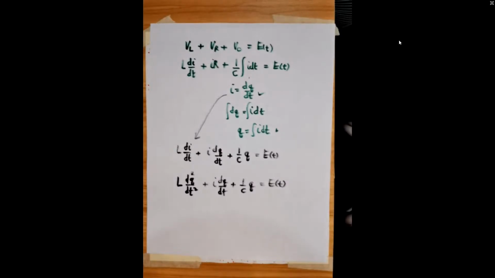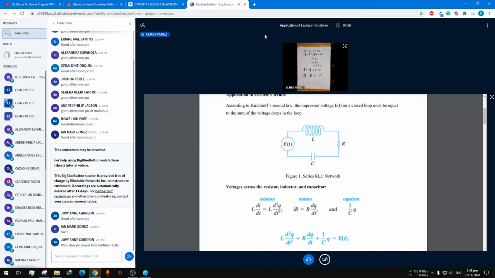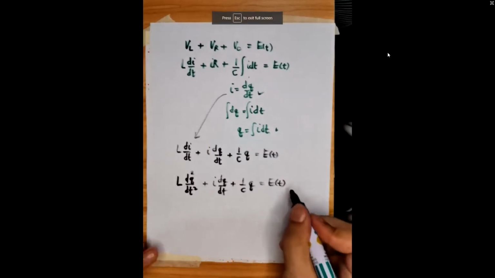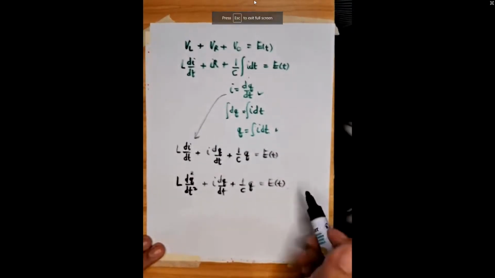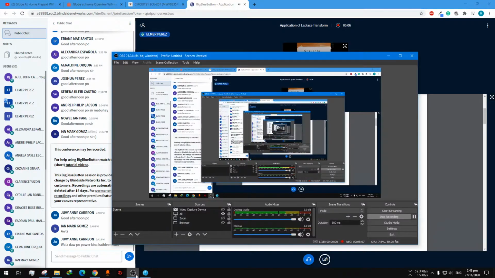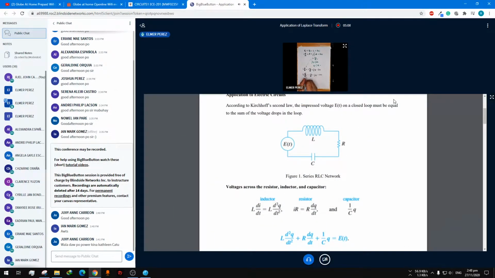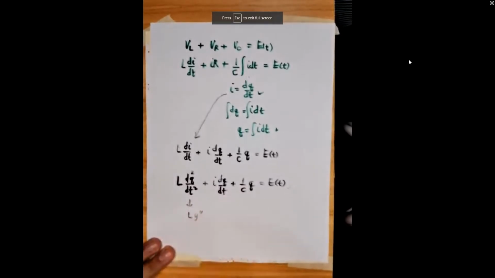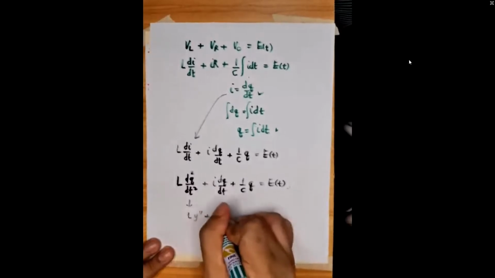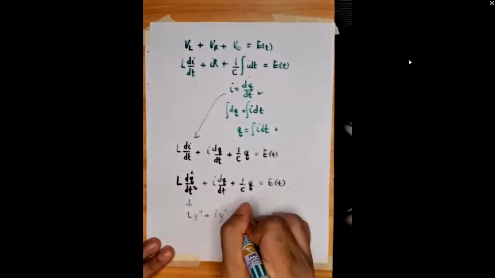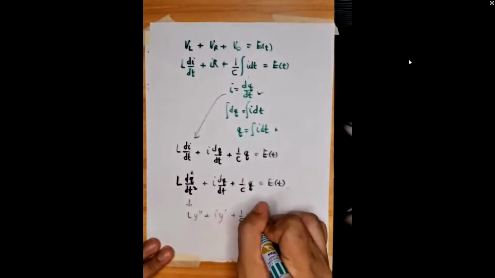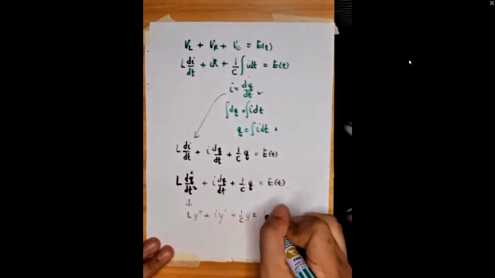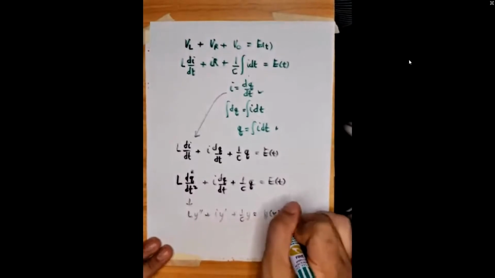Kung papansinin ninyo, di ba parang similar siya sa ating homogeneous and non-homogeneous equation. Kung meron tayong value nito, nagiging siyang homogeneous, pwede nyo siyang isolve ng differential equation kasi parang ito ay Ly double prime, in-analogy ko lang, Iy prime plus 1 over Cy is equal to g of x.